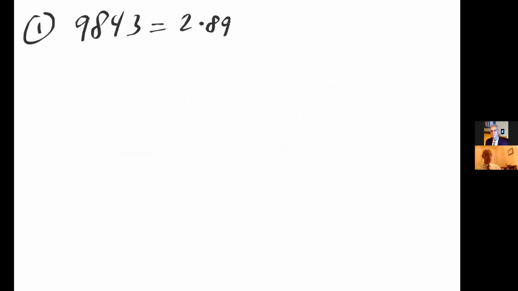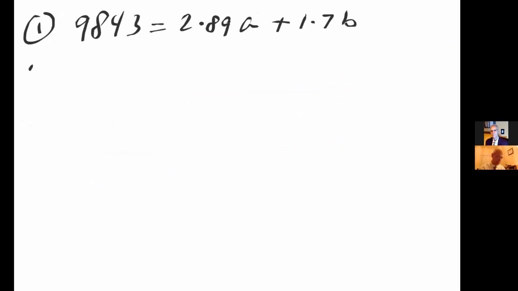Going to the next page, so I can rewrite equation 1. I know 9,843 equals 2.89, which is the square of 1.7, a plus 1.7 b.